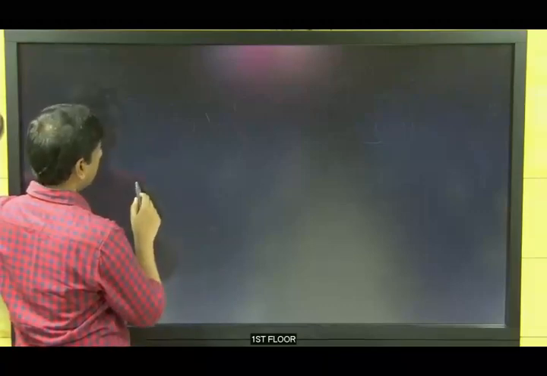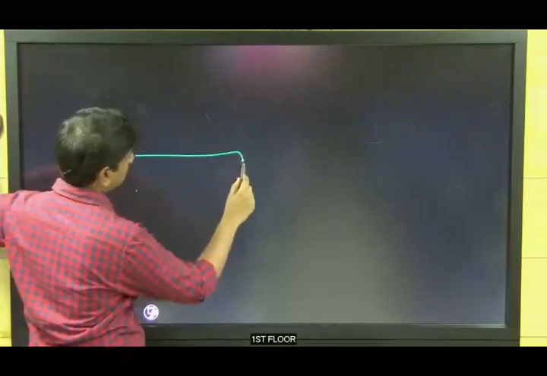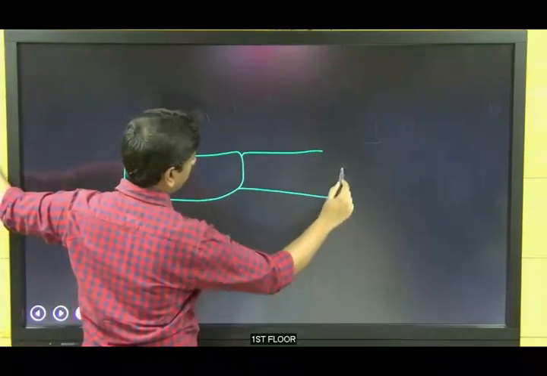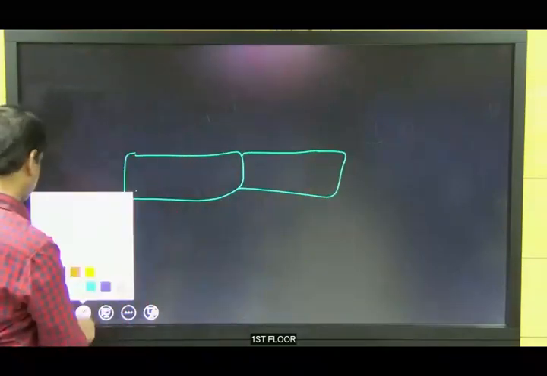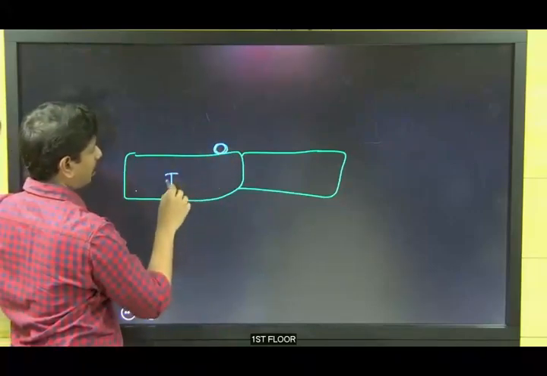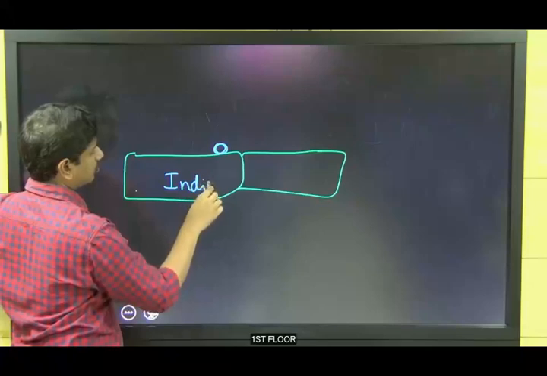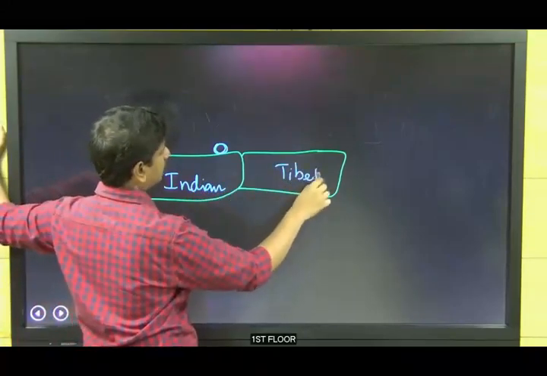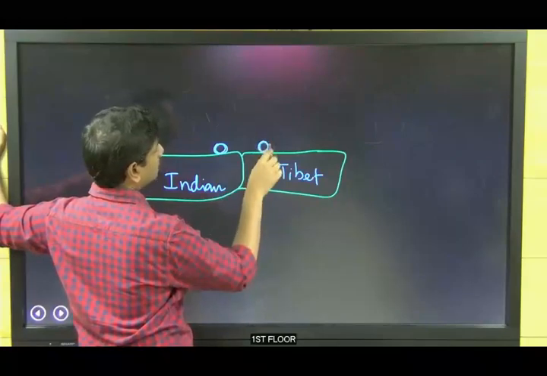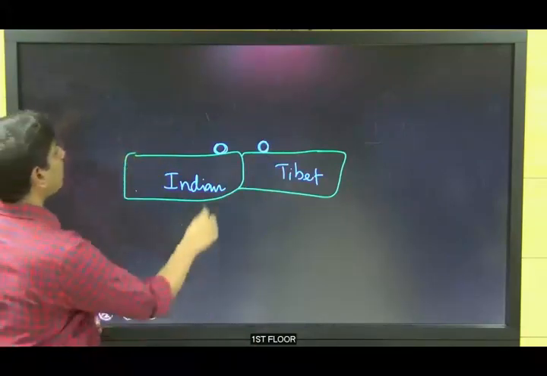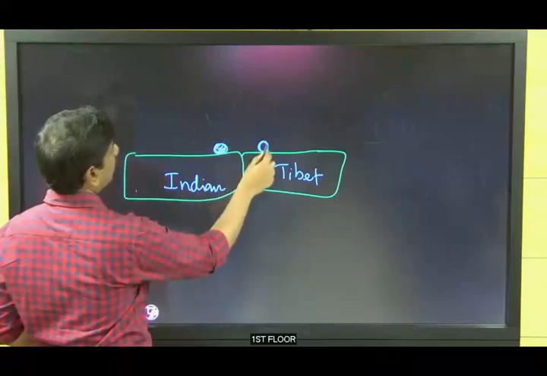The cross section I will draw. This is the Indian plate. This is the Tibetan plate. This is the Shivalik river on the Indian plate. This is the Tibetan plate, Tibet. I am drawing a cross section, so I am putting it only as a point, a dot.